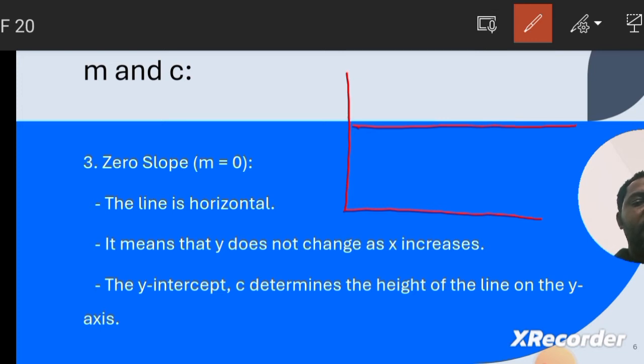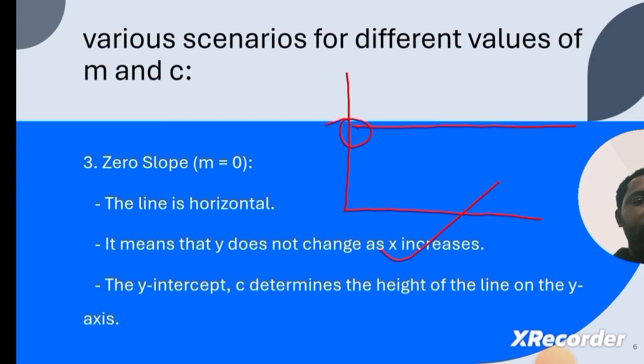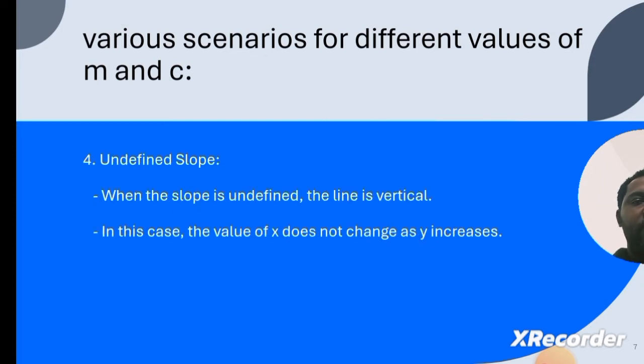It means y does not change as x increases, so y is constant no matter the value of x. Thirdly, the y-intercept c determines the height of the line on the y-axis. That is what we should know at this point.